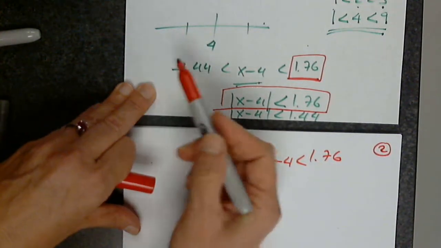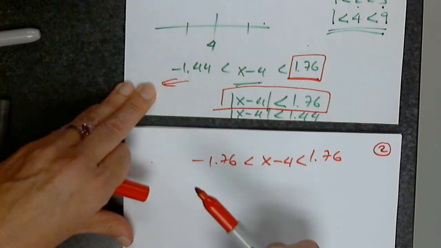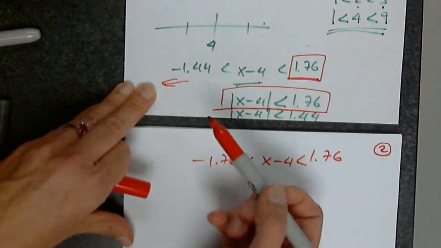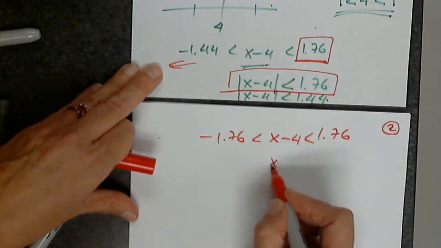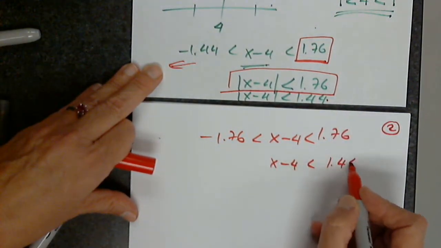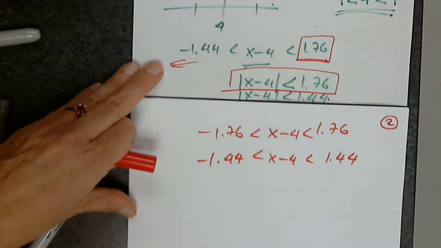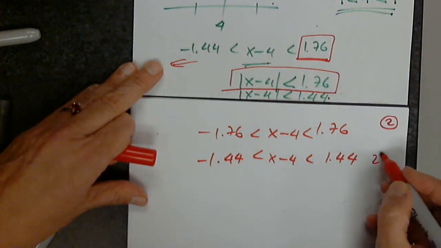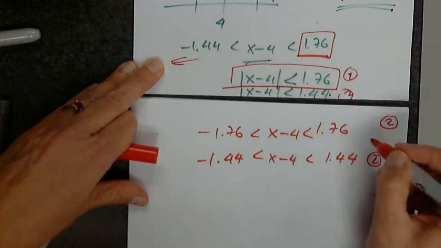But this will be further to the left of negative 1.44, lower than that. Now this other interval will change into negative 1.44 less than x minus 4 less than 1.44. So this will be the second interval, and this will be the first.